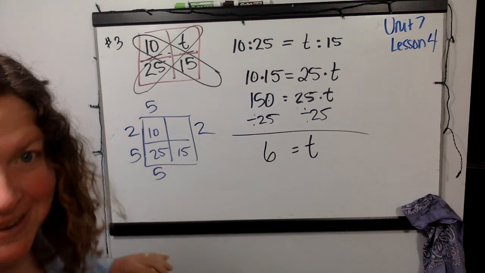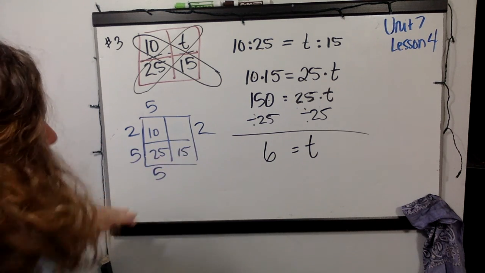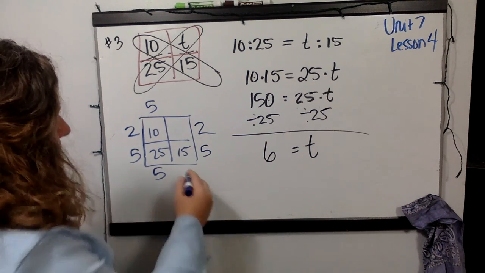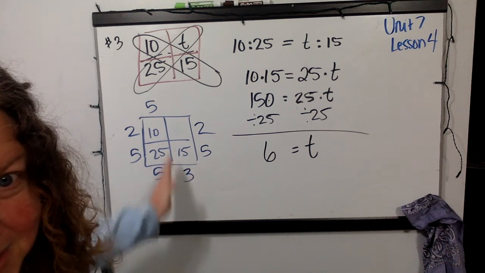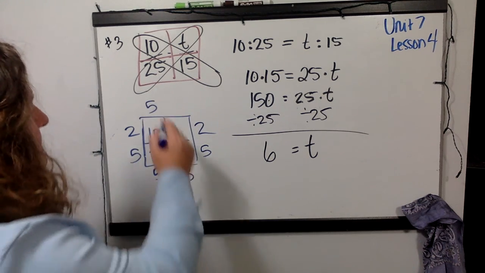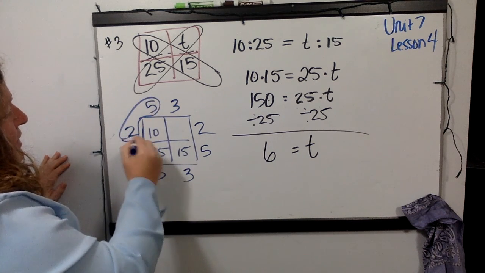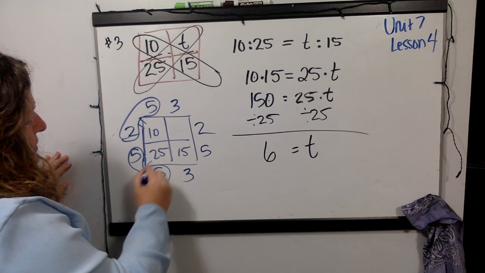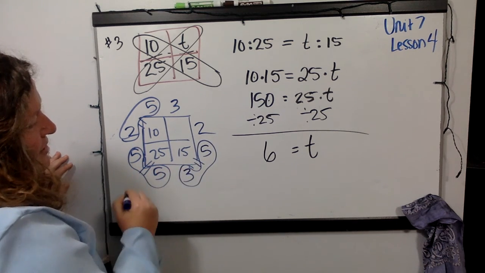I know that's 5. 5 times 5 is 25. It's in the 5 row, so I put that over here. 5 times something is 15. I know that's 3. 5 times 3 is 15. It's in the 3 column. It's got to be up here too. We know that 2 times 5 gives us that answer. 5 times 5 gives us that answer. 3 times 5 gives us that answer.